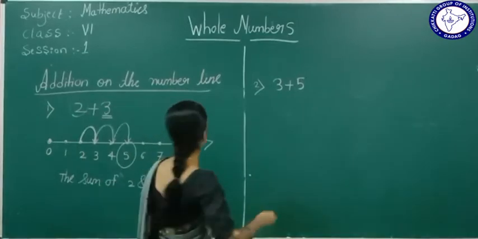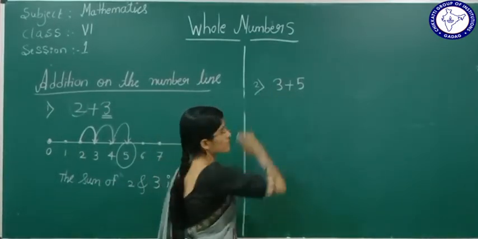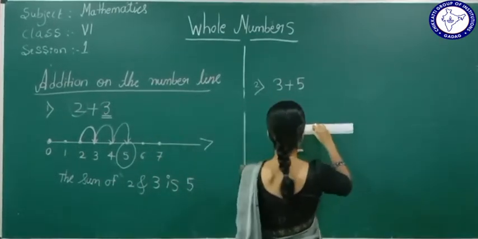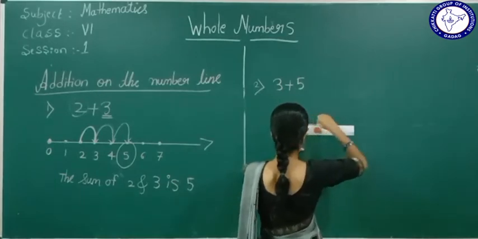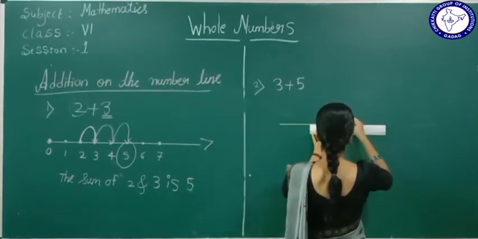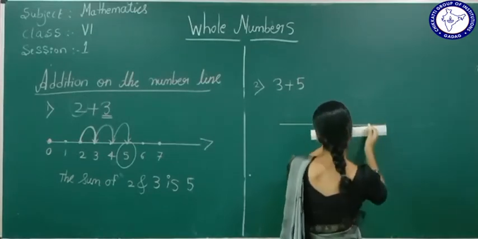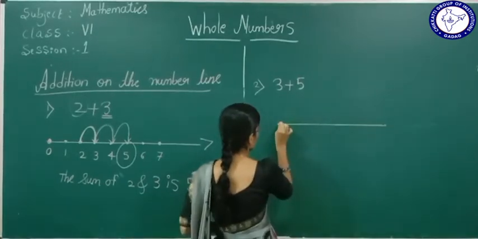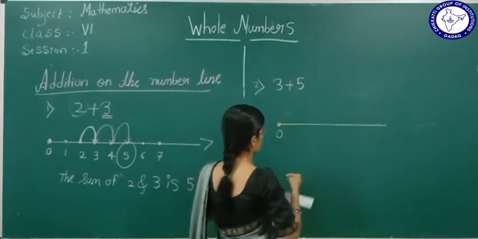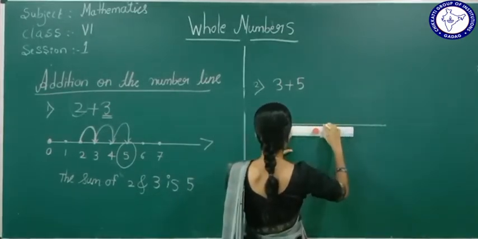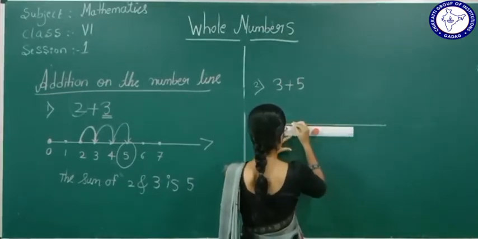Now we will add 3 plus 5 on a number line. So we have to draw a line. However you want, you can't draw it. You have to draw it correctly. Whole numbers will start from 0. You have to keep a fixed distance.